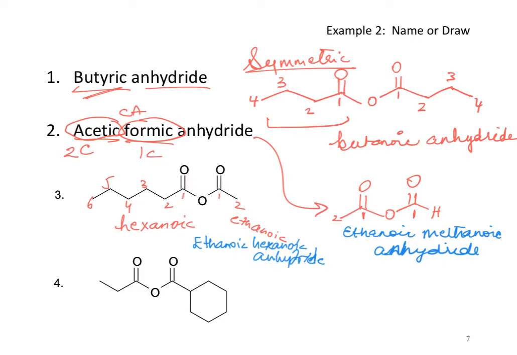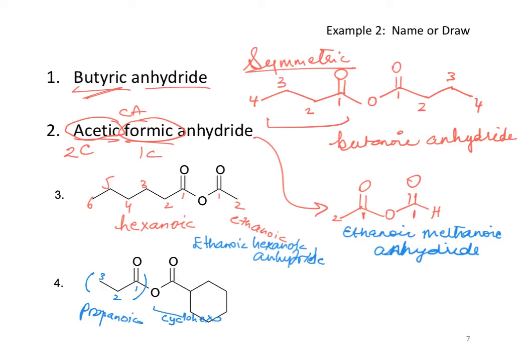Let's take a look at the last one. Again, we are going to go ahead and mark the carboxylic acid. This is coming from a propanoic acid, right? And this part is, anybody? It's not benzoic. It is not benzoic. This is cyclohexane carboxylic.